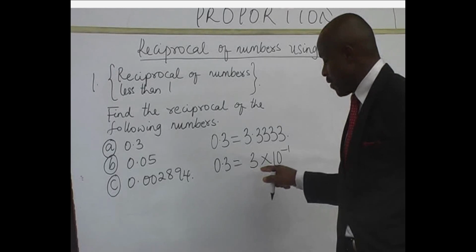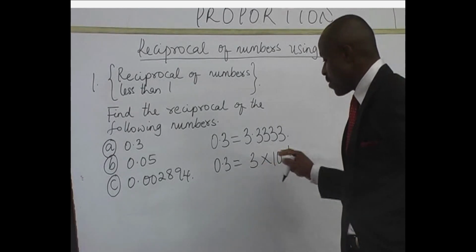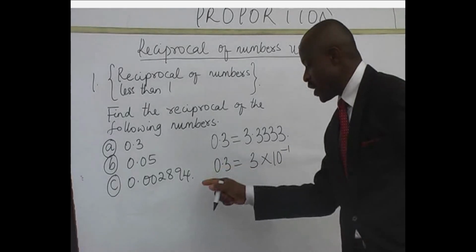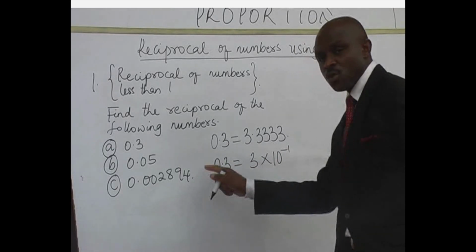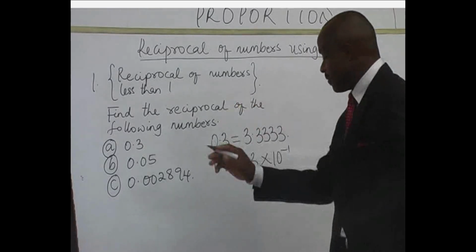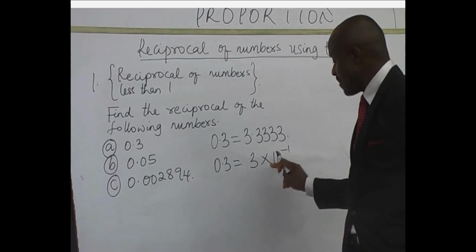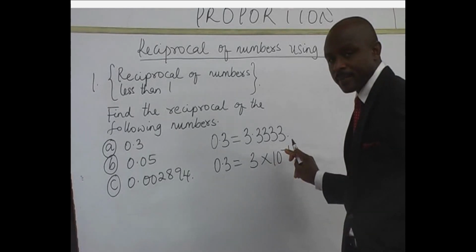You will not stop there. You now multiply it by 10 raised to the power minus 1 because you moved the decimal point from the left to the right. Had it meant you wanted to move from the right to the left, the minus would have been a plus. So this would have been times 10 raised to the power 1.